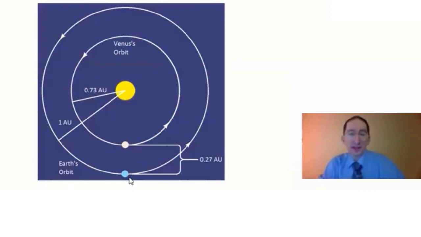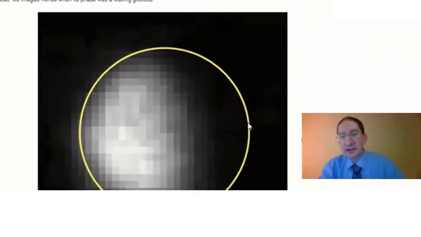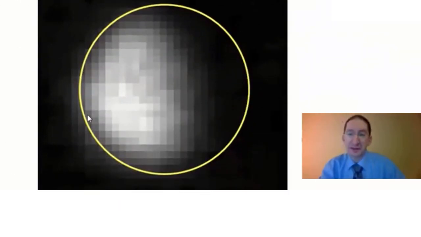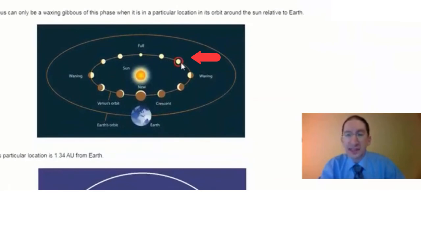The problem is, Venus is very, very hard to observe when it's at closest approach because it's right in front of the Sun and we can't see anything. So instead, we've collected data when Venus was in this phase, which is a gibbous phase, and it's only in this phase when it's at this position in its orbit.